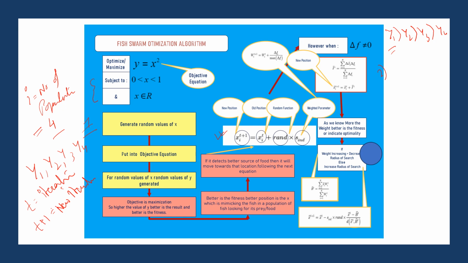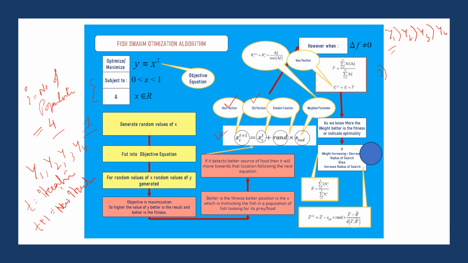Now t plus 1 means new iteration, t means current iteration. They also say it as new position. If it is t plus 1 in the superscript, they say it as new position. And if it is only t, then it is old position or current position, whichever you may refer to it.